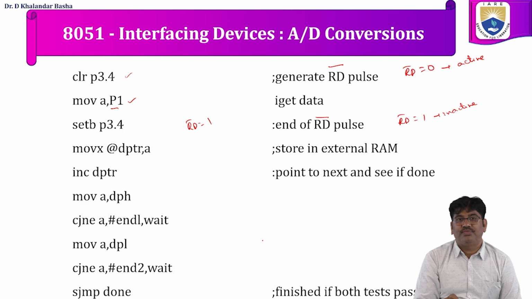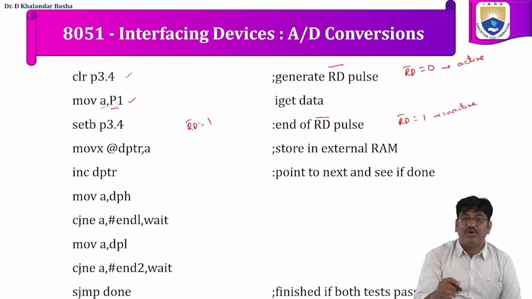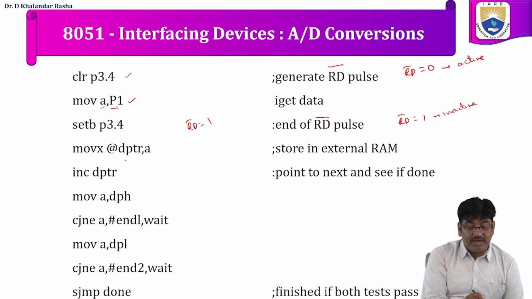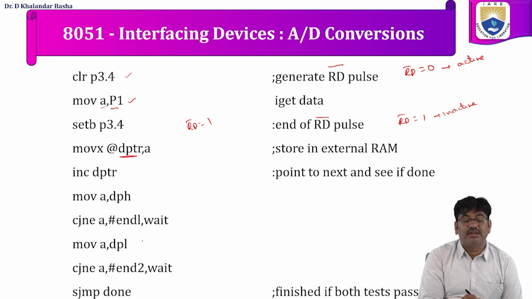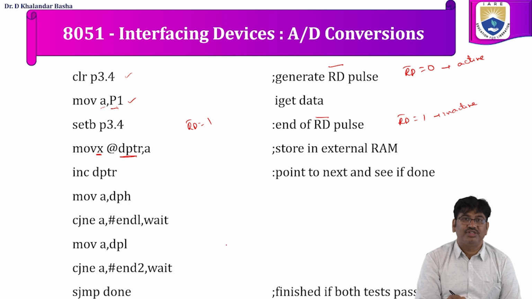Once we remove the read pulse, the data which we copied from port 1 into the accumulator, we want to load into external memory. The external RAM address is already in DPTR. As it is external memory, we use the instruction MOVX, which is used for copying data to or from the external memory.